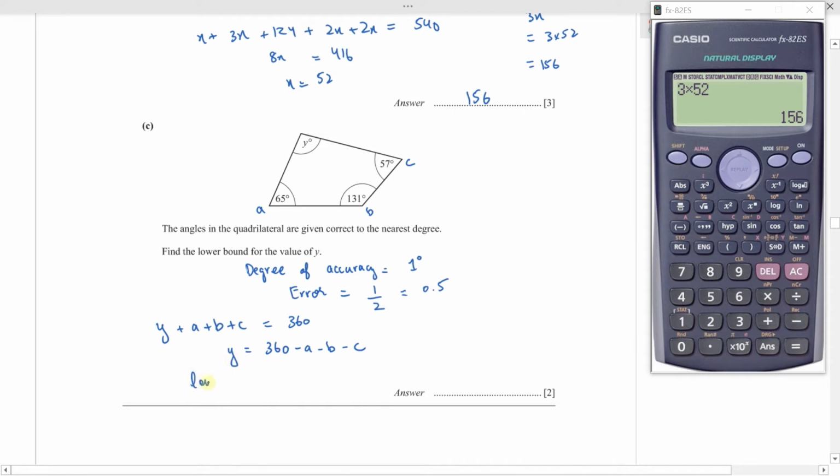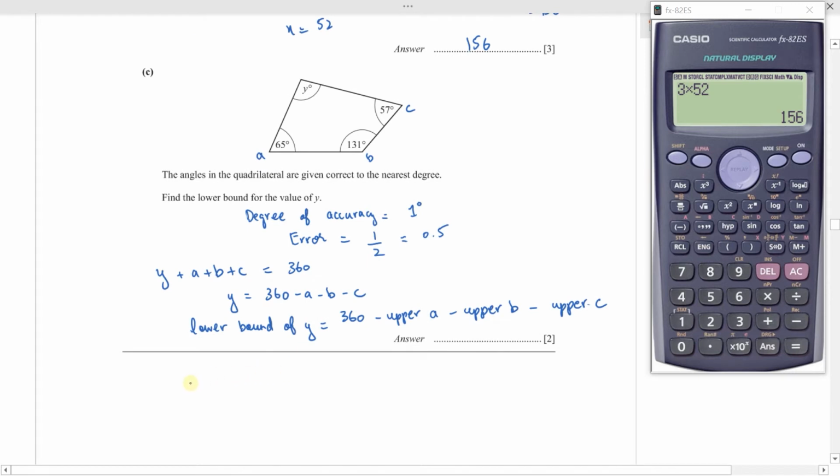So the lower bound of y will equal 360 minus the upper bound of A minus the upper bound of B minus the upper bound of C as well. This will give me the lowest value here.